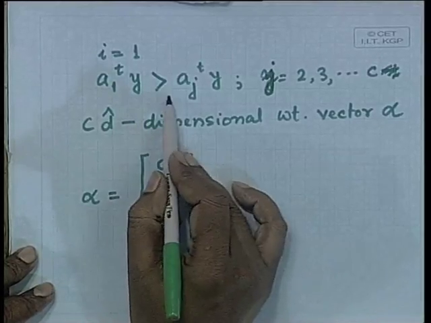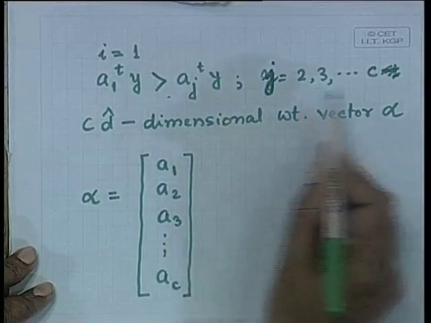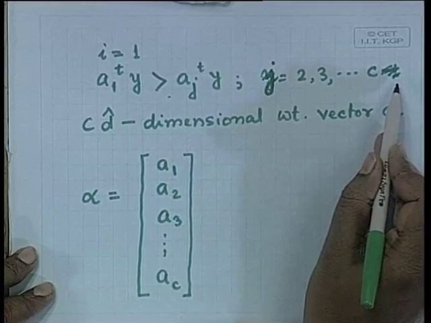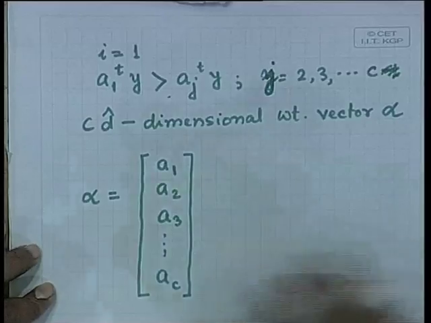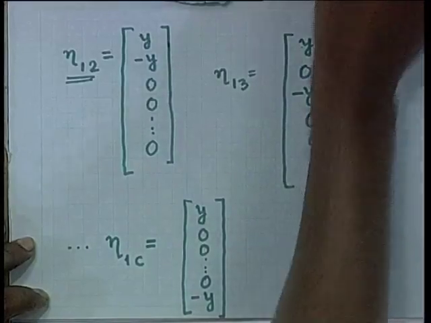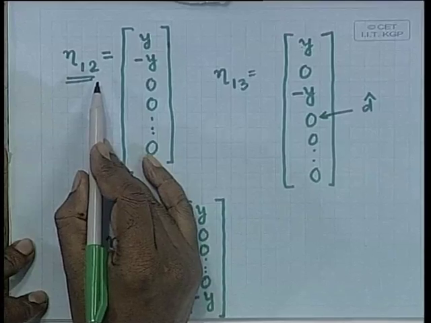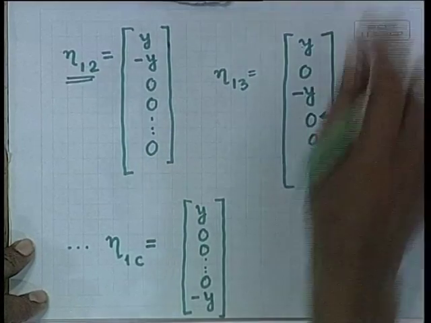So, this inequality, that A 1 transpose y greater than A j transpose y for j varying from 2 to c, is equivalent to saying that alpha transpose eta 1 2 is greater than 0, is it not?